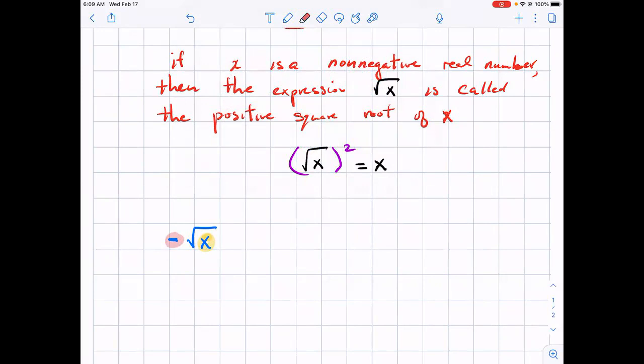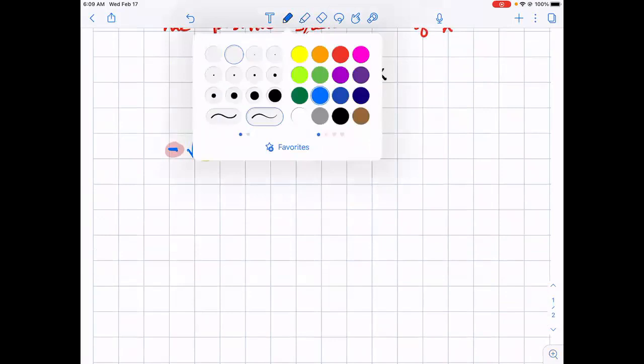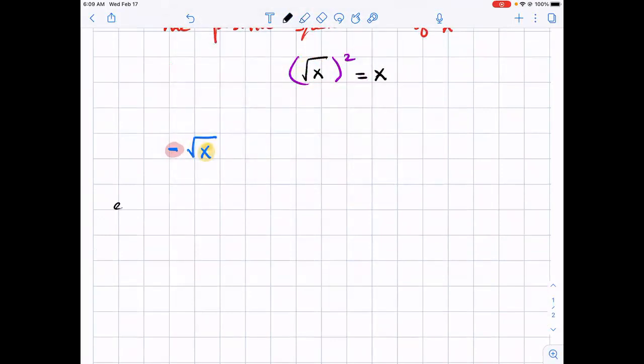Now, for the positive root, let's look at an example. Most of you already know the square roots of numbers, right? Let's ask, what's the square root of 64?